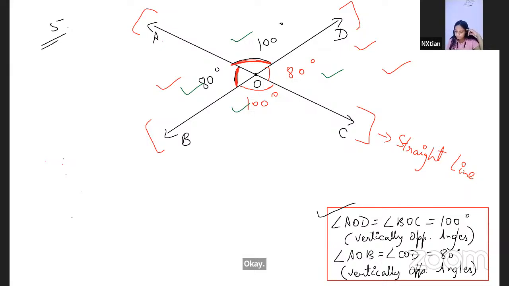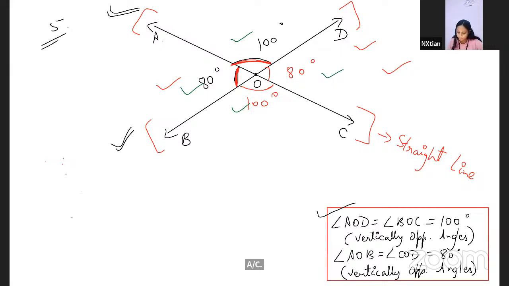One second. Yes, we did it right now for line BD, the angles forming on line BD. Now we will do the angles forming on line AC. Now COD is forming on the line AC.